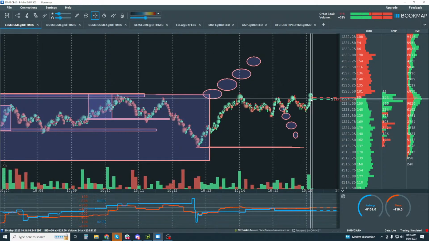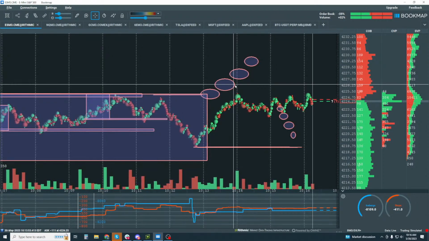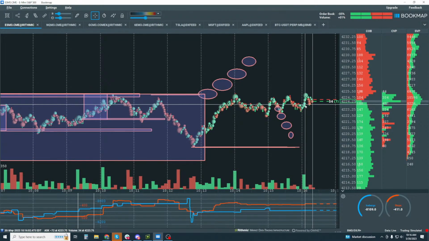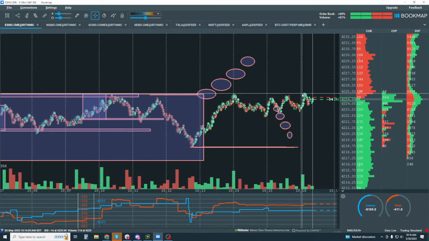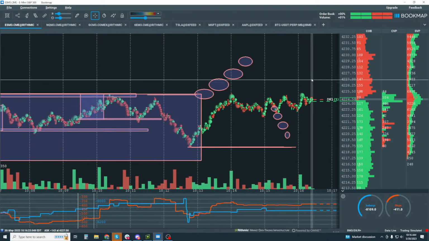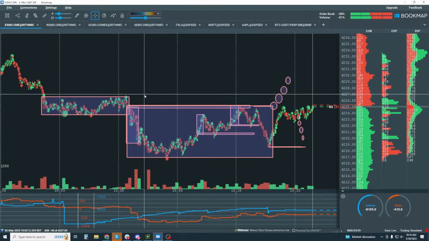Okay, we want to see buyers like this, like we outlined over here or mocked up. So we are looking for a breakout here. Okay, now that's what the volume is telling us in here. Okay, and we're looking for, well, where might it go? Well, there's a swing up here.